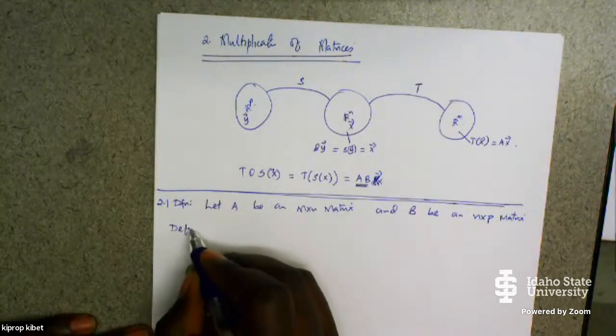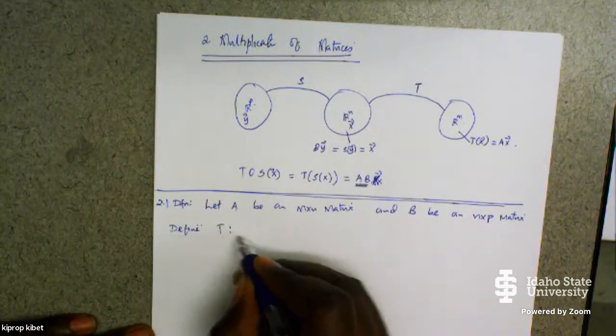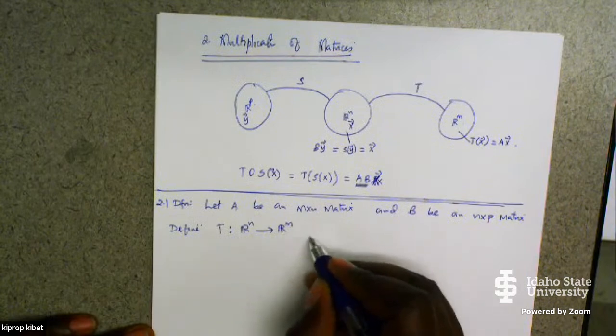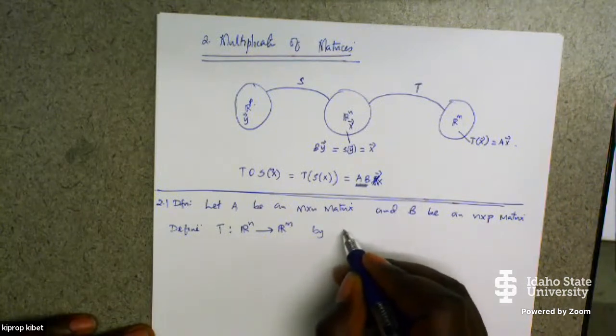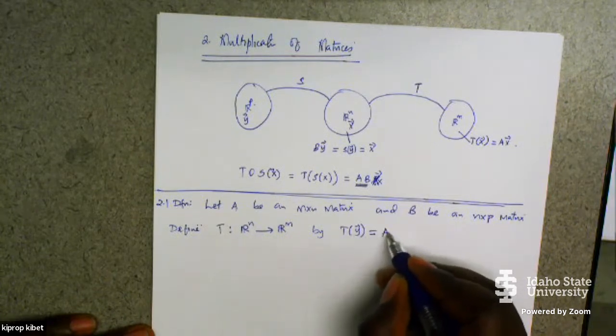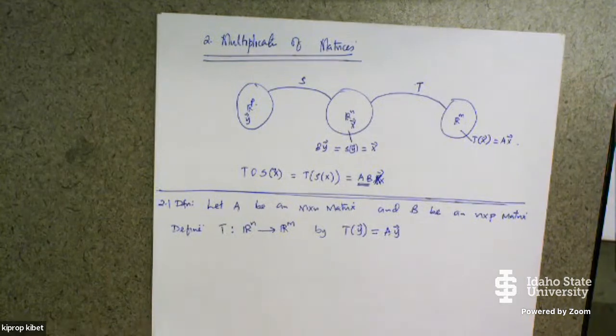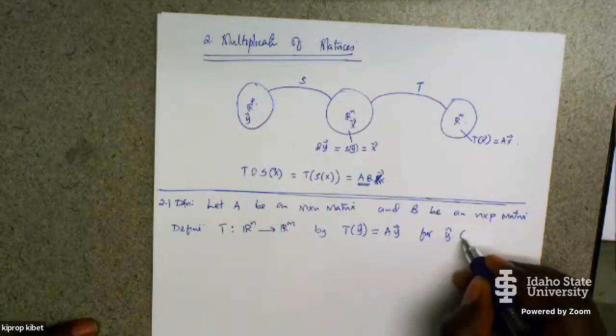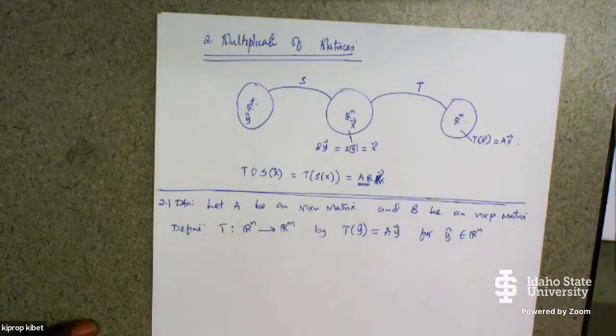Define T from Rn to Rm by T of Y equals A of Y, for Y in Rn.